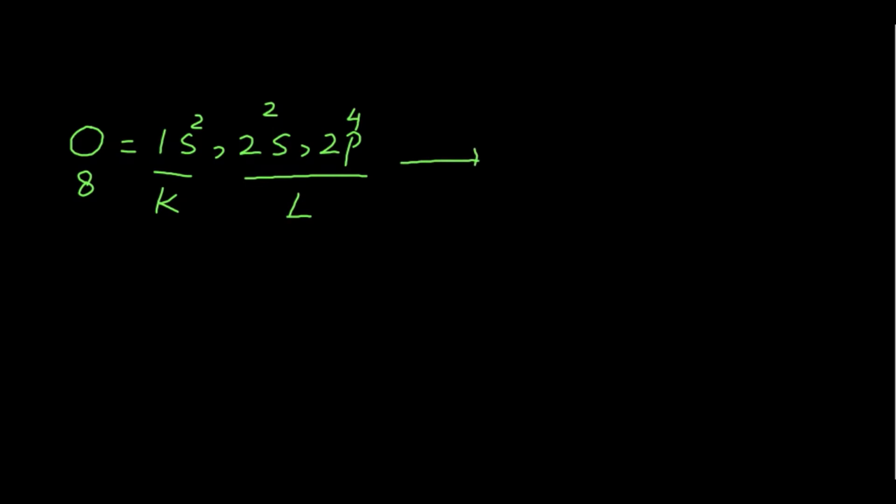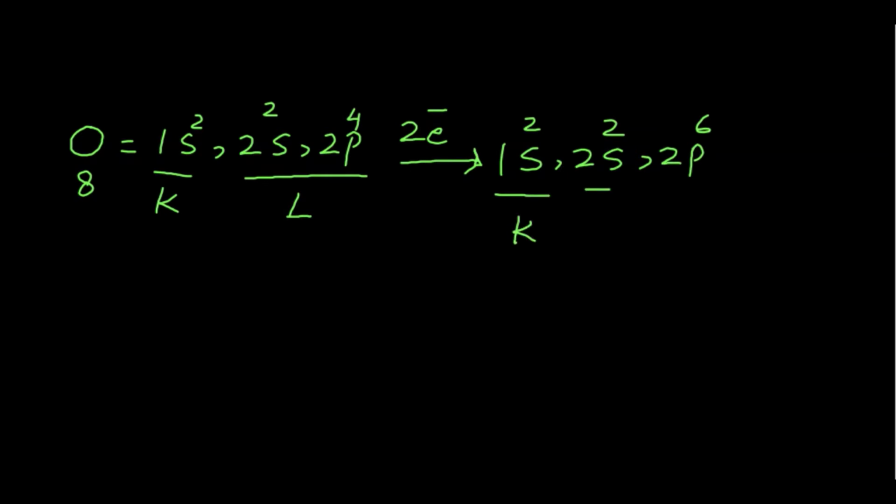When oxygen gains 2 electrons in a chemical reaction, its configuration will be 1s2, 2s2, 2p6. Now we know 1s is the subshell of the K shell, and 2s and 2p are the subshells of the L shell. Here we can notice that in the L shell, which is the valence shell of oxygen, there are 8 electrons.